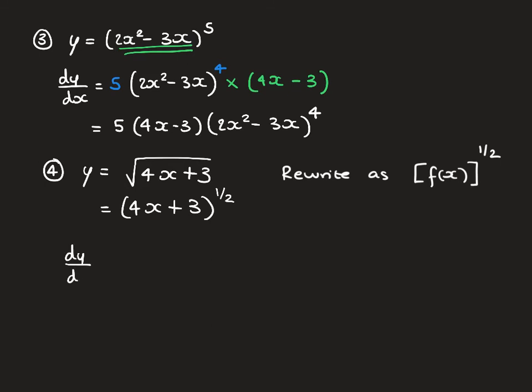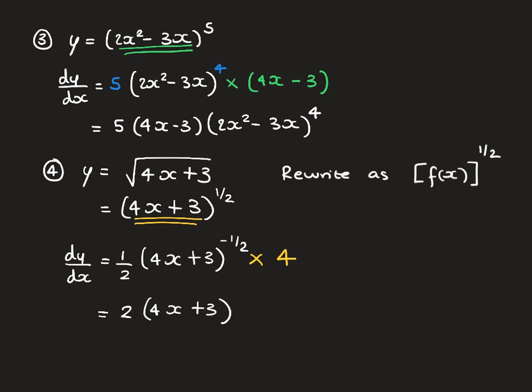So multiply by the power first of all, so that's a half. Keep the function as it is, 4x plus 3. Now we need to reduce a half by 1, so it drops down to negative a half, and multiply by the derivative of the inner function, which is 4. What does this then simplify to? 2 brackets 4x plus 3 to the power of negative a half.